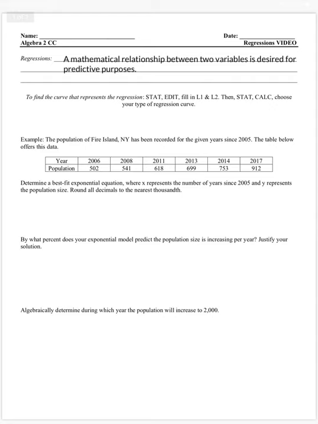And then I also want you to write, in the real world, the relationship between two variables is not always perfect.